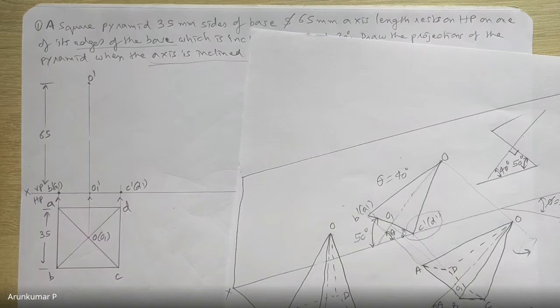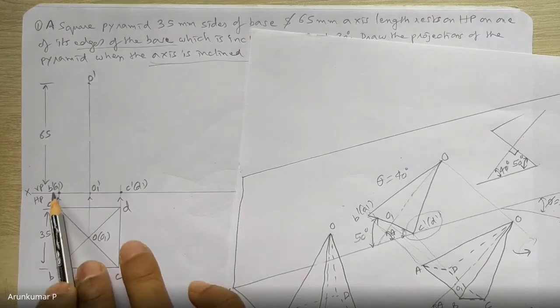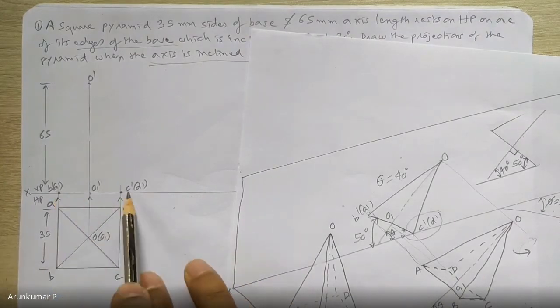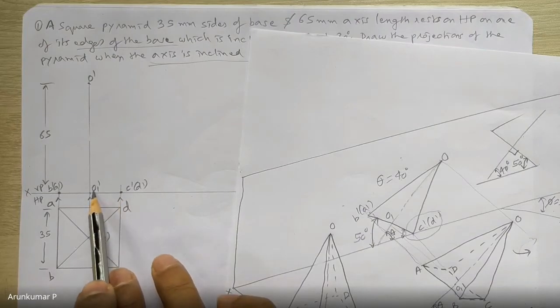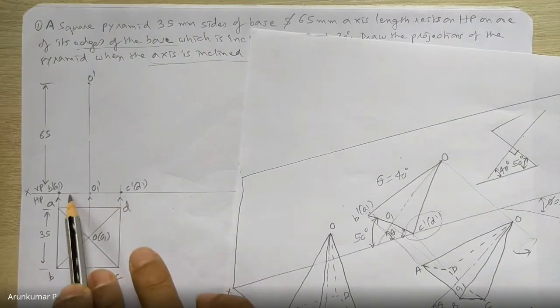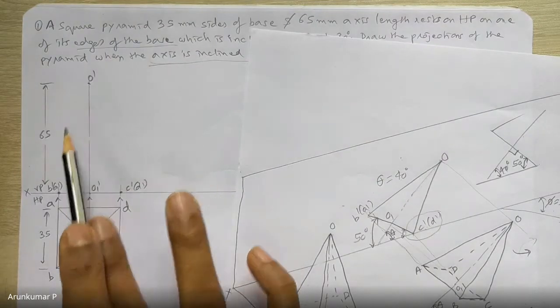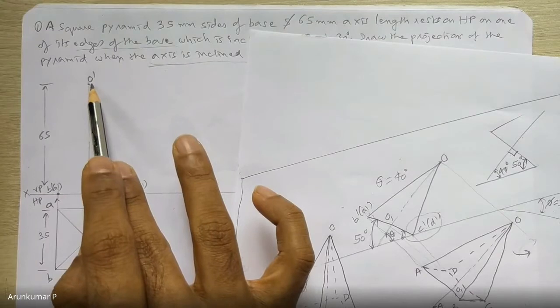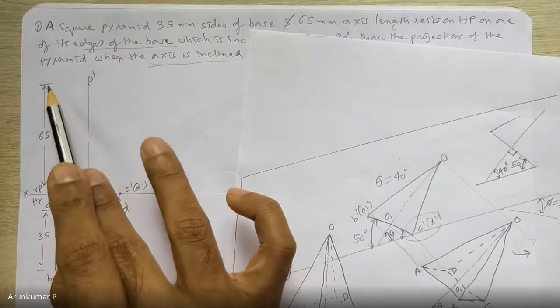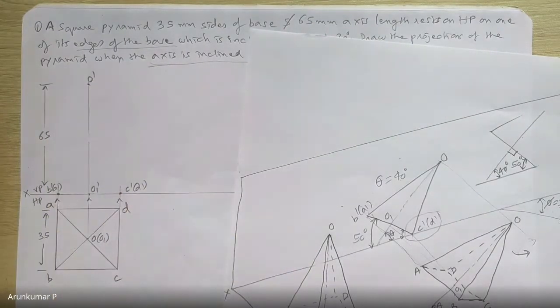So all the four corners of the base and the center of the base are on XY line because all these 5 points are on HP. The apex O is 65 mm above XY line because the apex is 65 mm above HP. So this is how you have to locate the points.